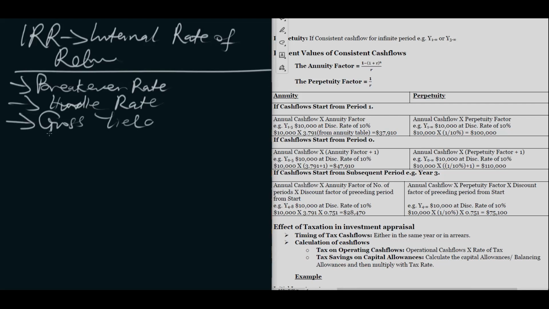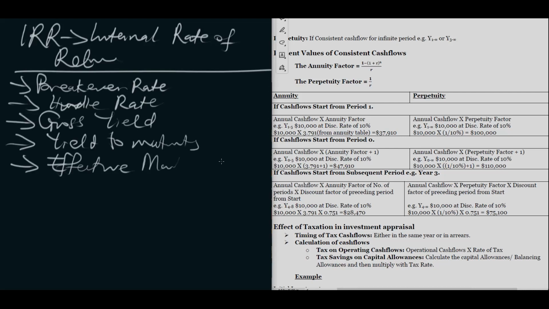We can call it the yield to maturity. That's when you're dealing with bonds. We can call it the effective market rate if you are doing financial reporting, effective market rates for financial instruments. Okay, so it has a lot of names, but the whole thing is that this is the maximum rate, okay?